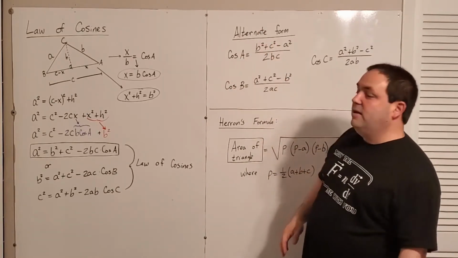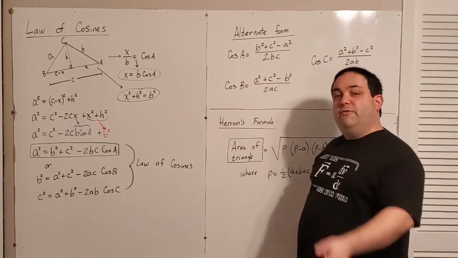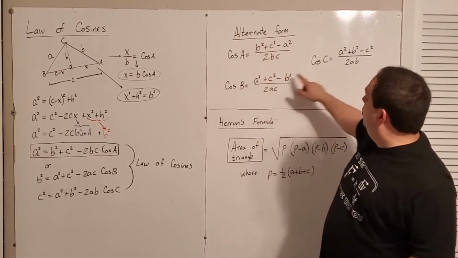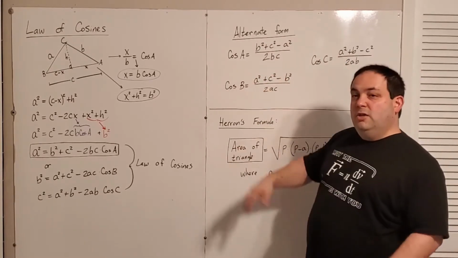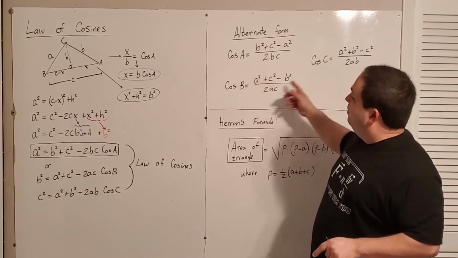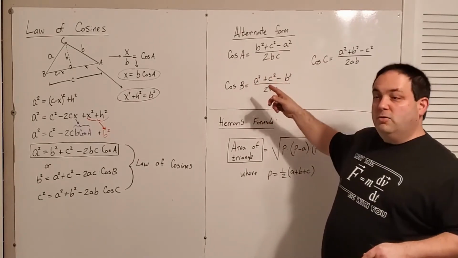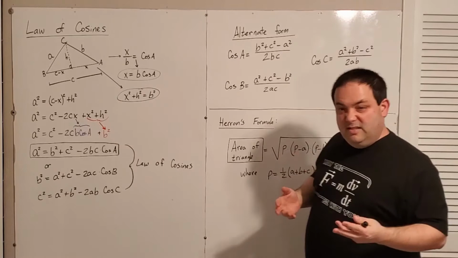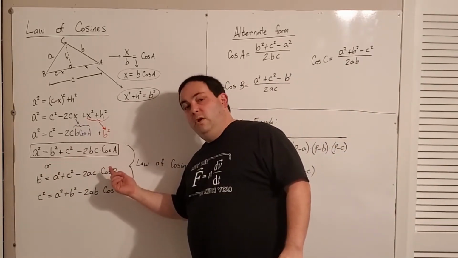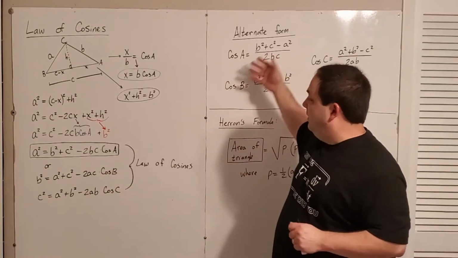And basically all that does is it sets you up to solve for an angle instead of solving for a side. So we have the alternate forms of the law of cosines here just to speed up the process when we want to solve for an angle. You don't usually have to bother memorizing the alternate forms, but if you use them enough, they tend to stick to you. Okay? If you can remember this version of law of cosines, I mean, it basically comes from that anyway.